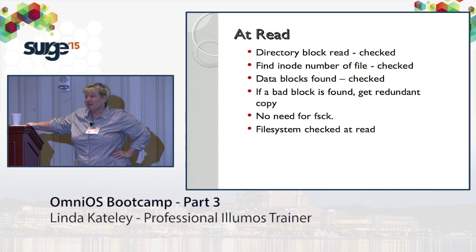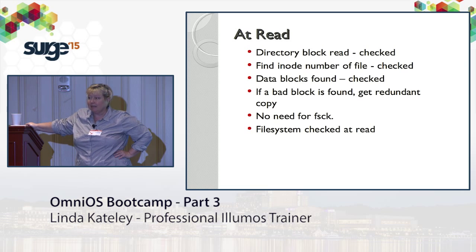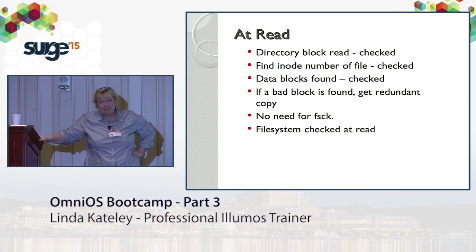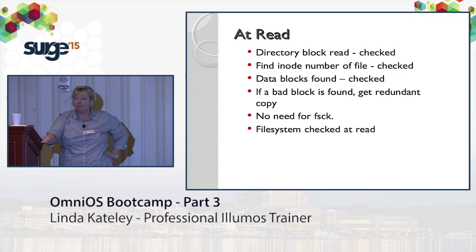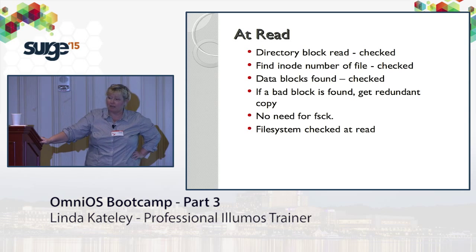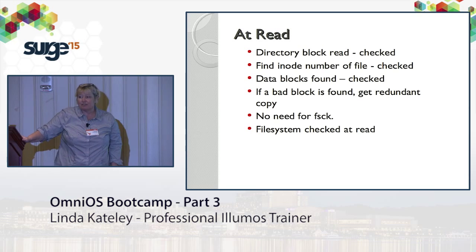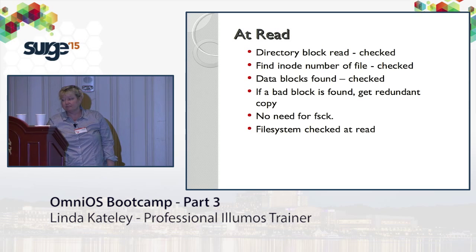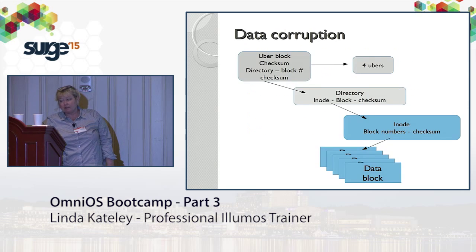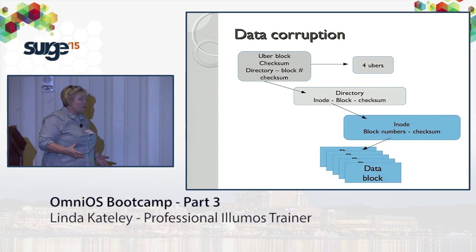My best guess is the data in this file for your taxes was... it lets you know that it's failed. So the checksums are checked all the way down.